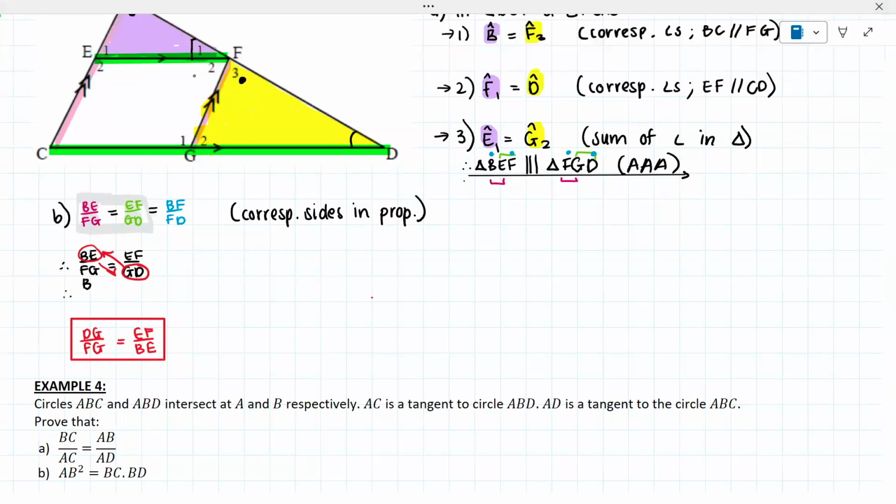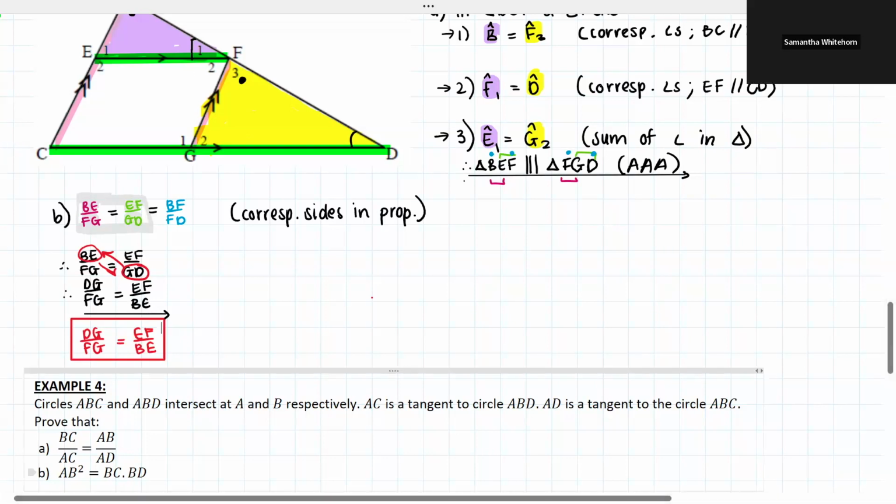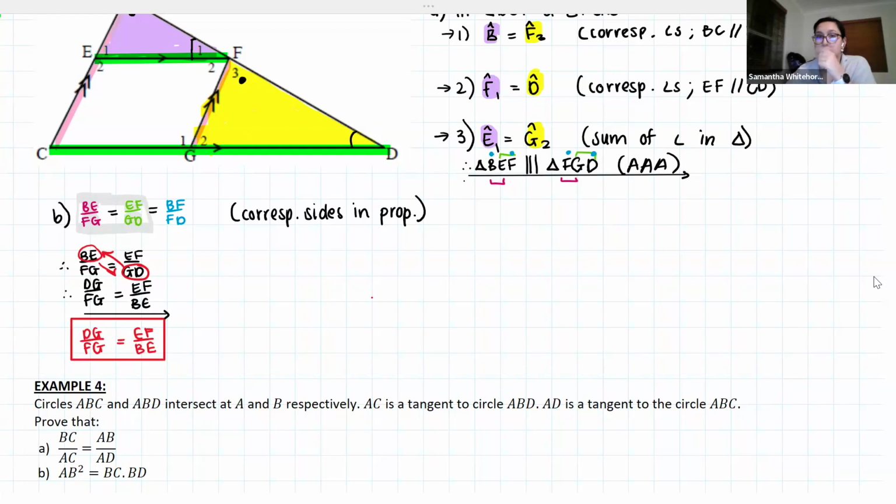You are more than welcome to flip those two things around and say DG over FG is equal to EF over BE. That is absolutely fine. I don't need to see your manipulation of it, but you're welcome to show it if you want. You would have to multiply by DG and divide by BE in order to end up with that ratio that you wanted.